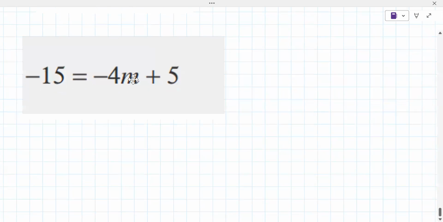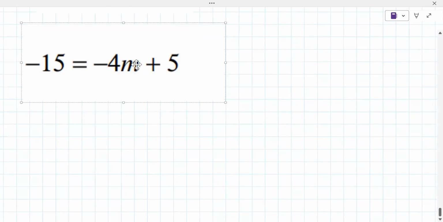All right, so talk me through this one. Look at it, and you don't have to work it out. Just tell me what you would do to work this out. What do you see here? I would do 5 minus on both sides first. Subtract 5 from both sides. I agree.